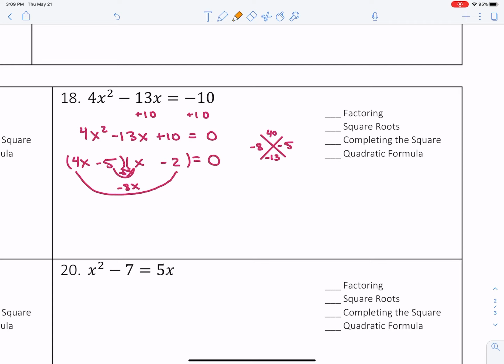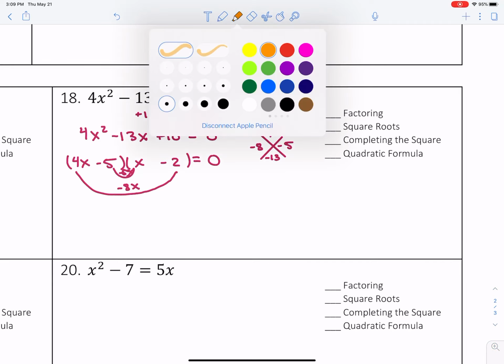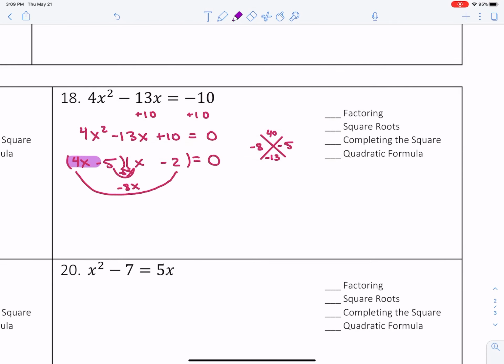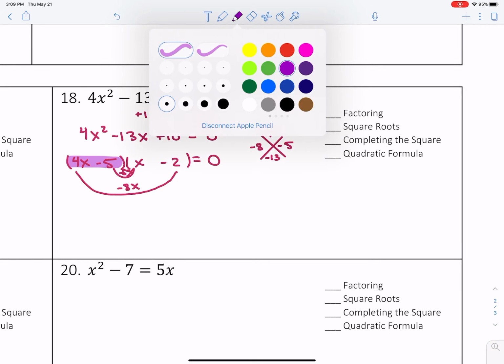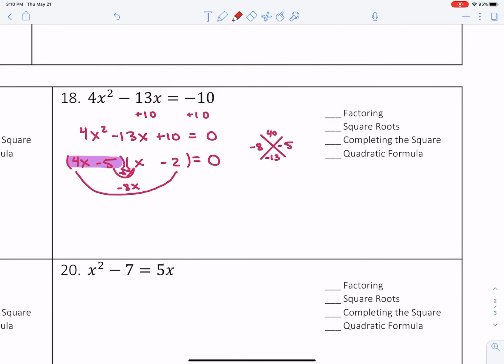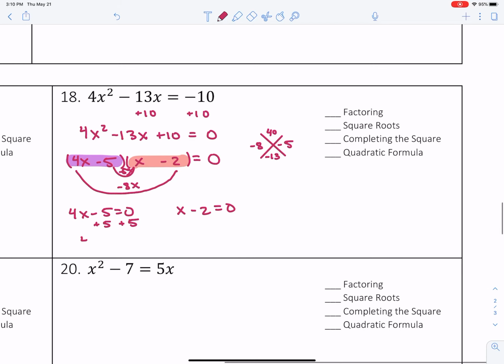It's a little messy, and I apologize for that, but we can do 4x minus 5 and x minus 2 for my two factors, leaving me with 4x minus 5 equals 0, x minus 2 equals 0, and you get to solve both of these linear equations.